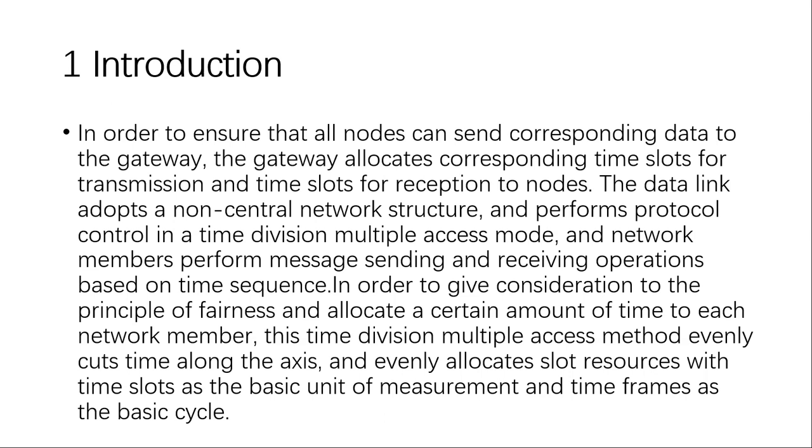multiple access method evenly cuts time along the axis and evenly allocates slot resource with time slots as the basic unit, with time slots as the measurement and time frames as the basic cycle.